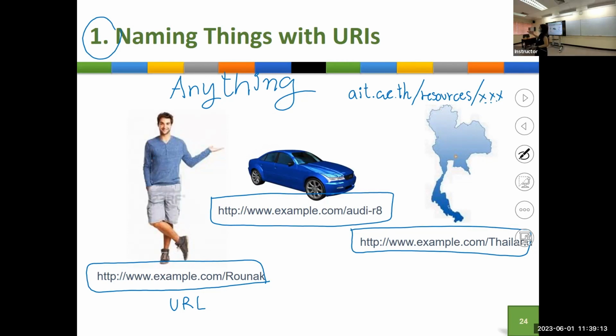With directories or further slashes and so on to categorize my resources, such as resources and then staff, and then maybe student to categorize different resources. And then under student, we do have a very unique student ID already, then that is fine, right? After this, every one of you may use this URI if we define it as a standard way for AIT URIs. So every one of you will have this URI to identify yourself.